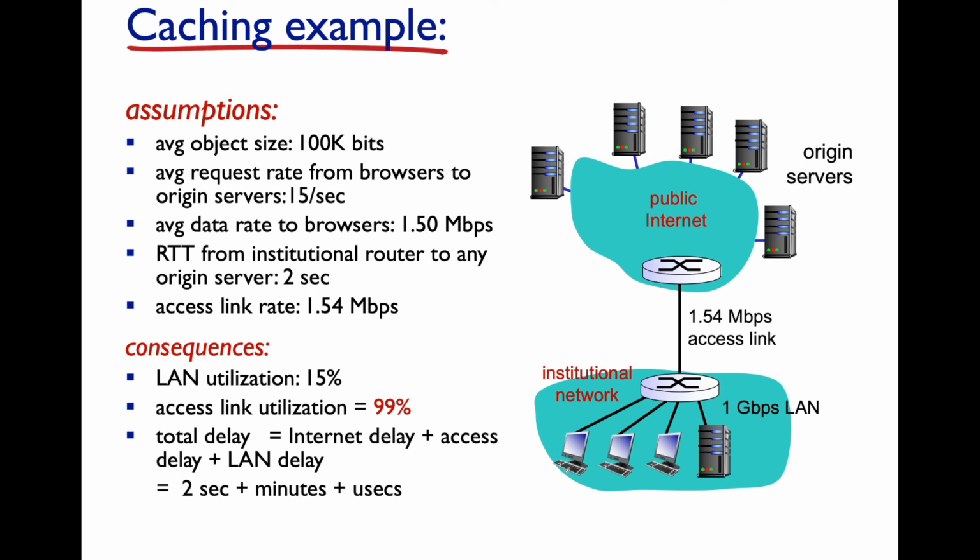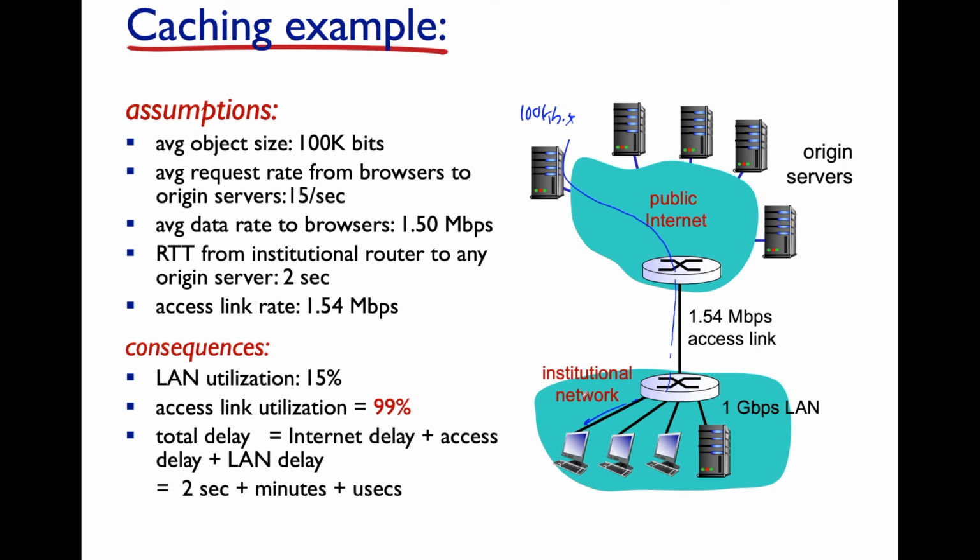The client machines on the institutional network make requests, and you get your resource, and these origin servers are sending them back down through the internet fabric, in through the access link to the institutional network, to the client.